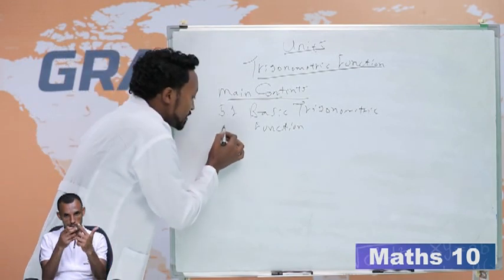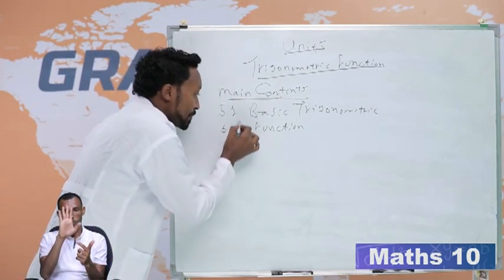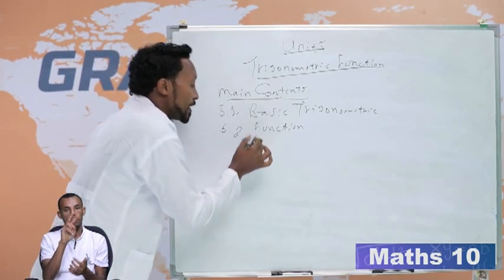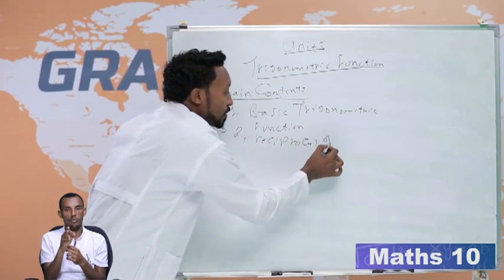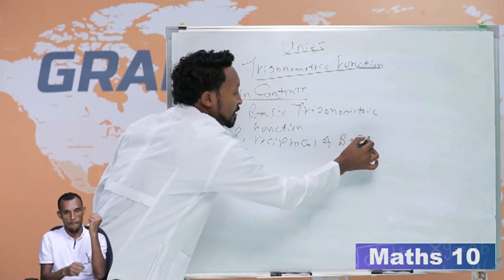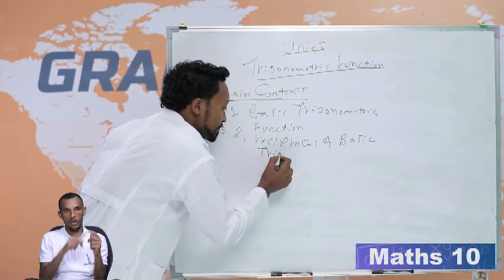The second one, 5.2, reciprocal of basic trigonometric function.